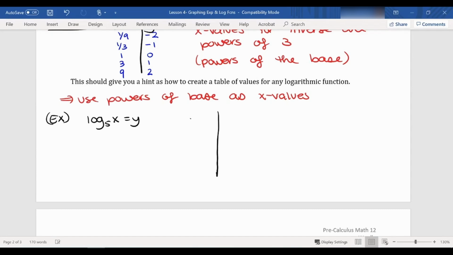If I wanted to make a table of values, I would want to use powers of 5 as my x. So I might choose 1/25, 1/5, and then 1, and then 5, and then 25. And then my y values would be -2, -1, 0, 1, and 2.